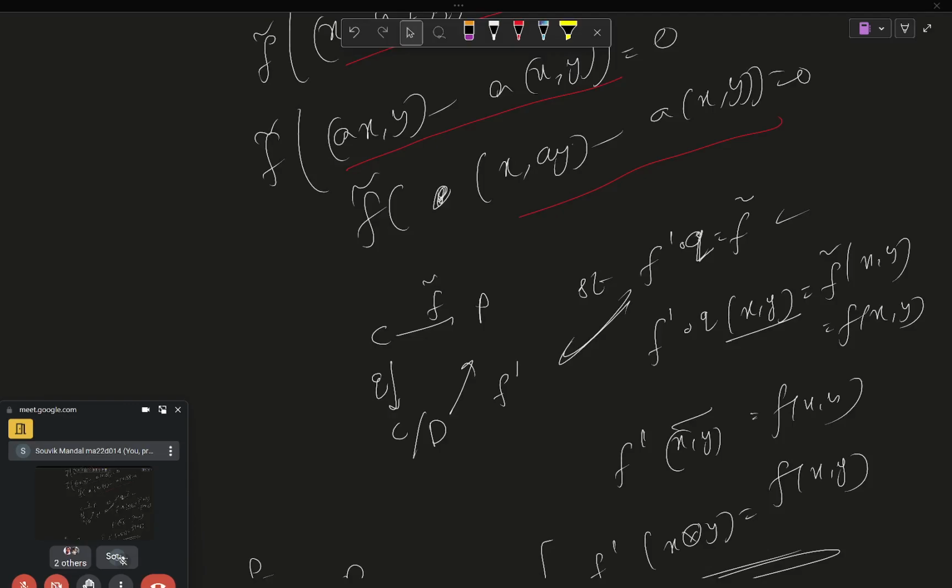Oh no, I'm not a student. I am a 2015 pass out, MSc in mathematics from Mysore. Are you from Kerala? No, Karnataka. I'm from West Bengal, Kolkata. Okay, very good.